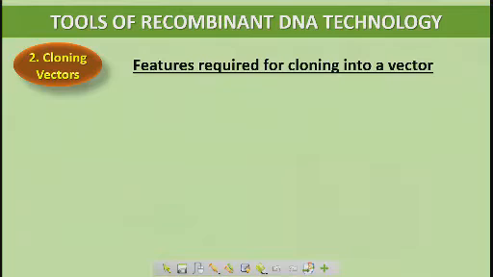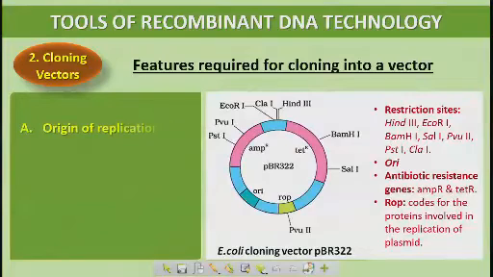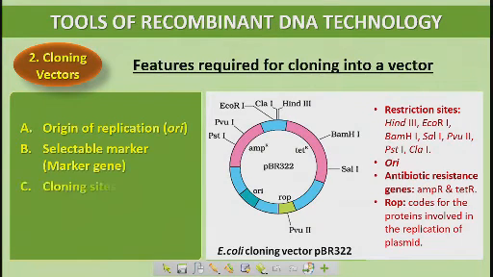The next topic is the features required for cloning into a vector. In a cloning vector, there should be some features that each vector must have: the origin of replication.